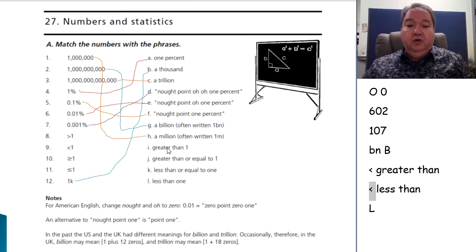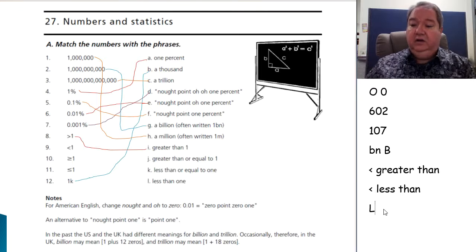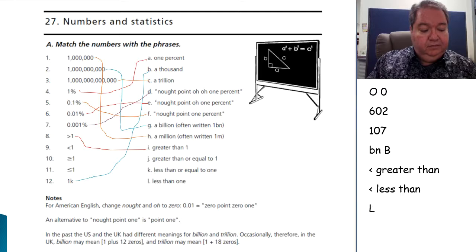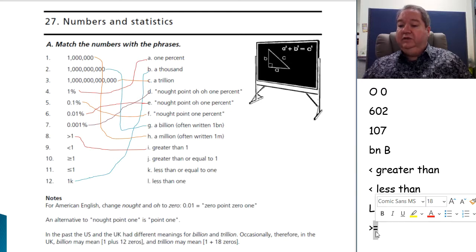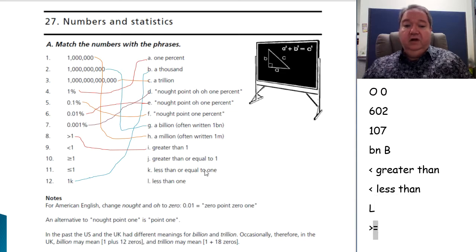So, greater than 1, greater than or equal to 1. Greater than or equal to, we combine these two symbols. So, we'll have the greater than symbol, and then instead of the 2 lines like the equal sign, we just keep 1 and put it underneath the greater than. So, greater than or equal to 1 looks like this.